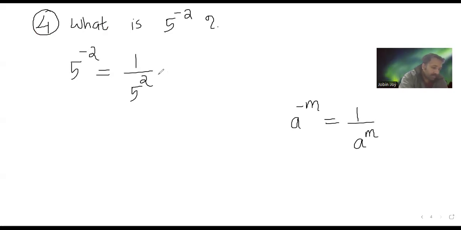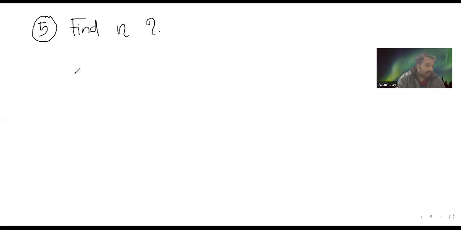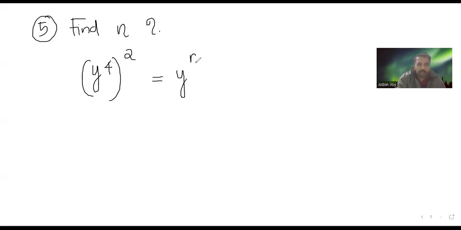Then next question. Question number 5. Find n. Find the value of n if y raised to 4 the whole raised to 2 will be equal to y raised to n.